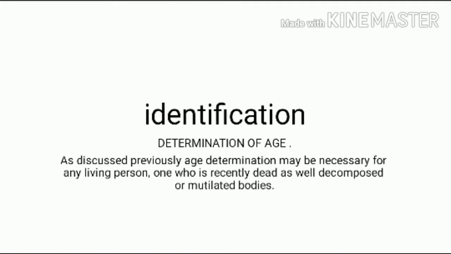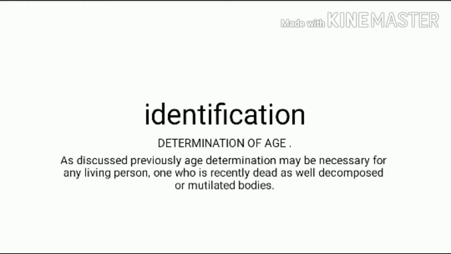Now, as you know, we were already doing identification, and in identification there are some topics that we have covered. At the moment we were doing something about age determination.